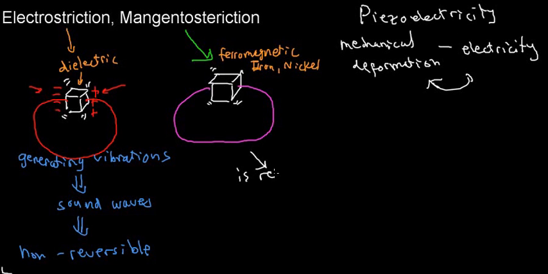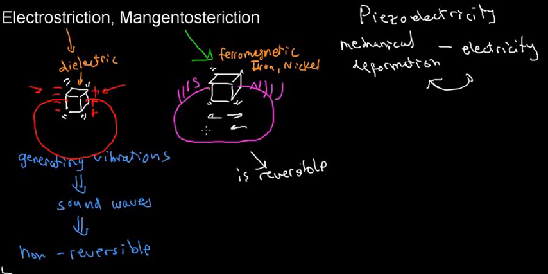So it is reversible, meaning that instead of applying a magnetic field to it, I'm just going to put a little s, a little n, and again, as I alternate the dipoles here, I can actually get it to either contract or elongate or whatever.